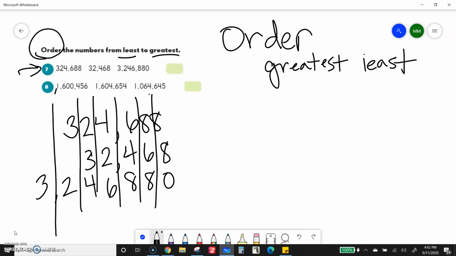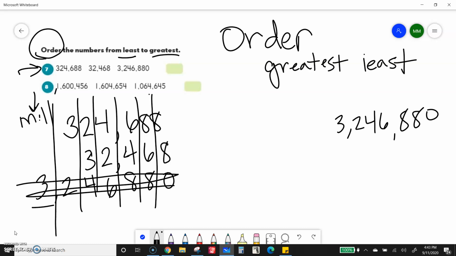All right, so we're going from least to greatest, so we're looking for the smallest number. Well, notice how this one has millions, and the other ones don't have millions, so I know that that one is going to be the biggest one, the greatest one, so that will go at the end. Okay, so I'm going to cross that one off so I won't get confused.